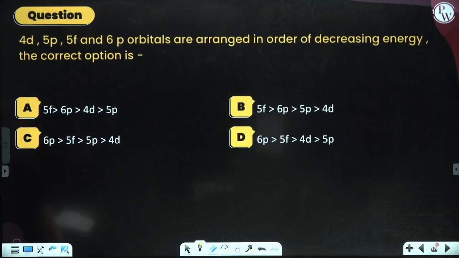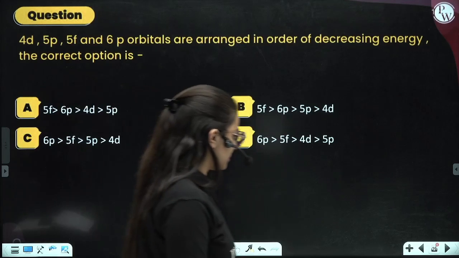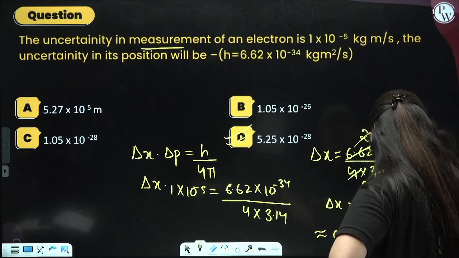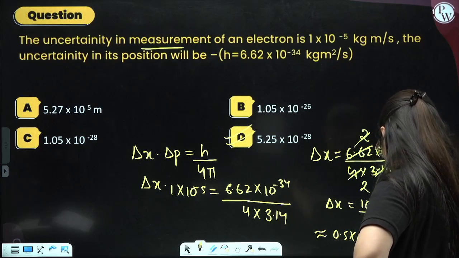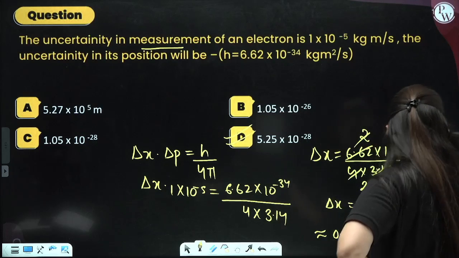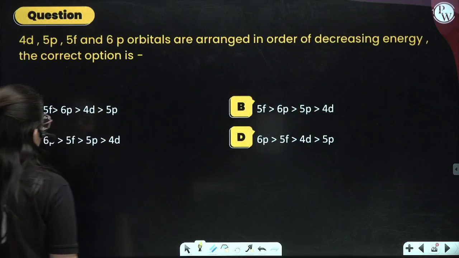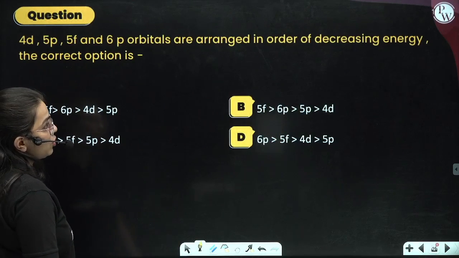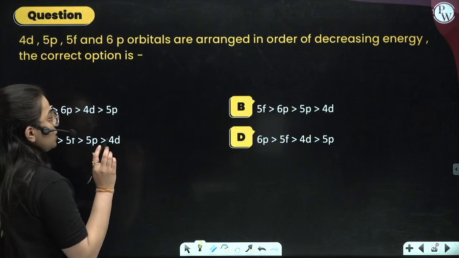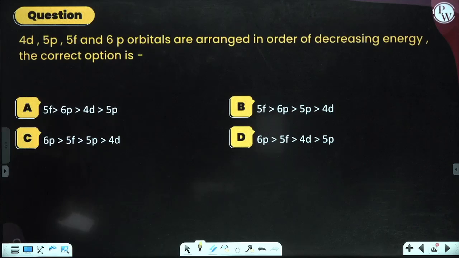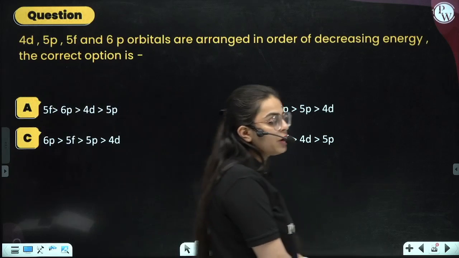Now see, here you have to apply which rule? Aufbau principle. Do you remember the Aufbau principle, students? See, the more the value of n plus l, the more will be the energy.